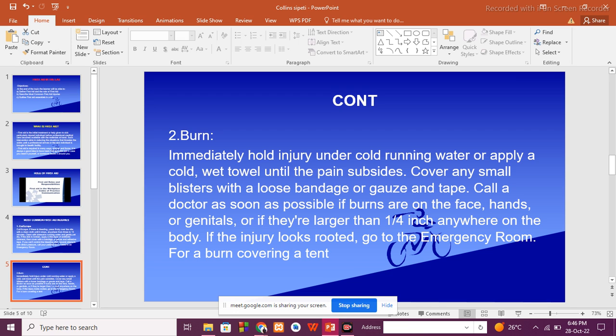Call a doctor as soon as possible if burns are around the face, hands or genitals, or if they are larger than a quarter-inch anywhere on the body. If the injury looks severe, go to the emergency room.